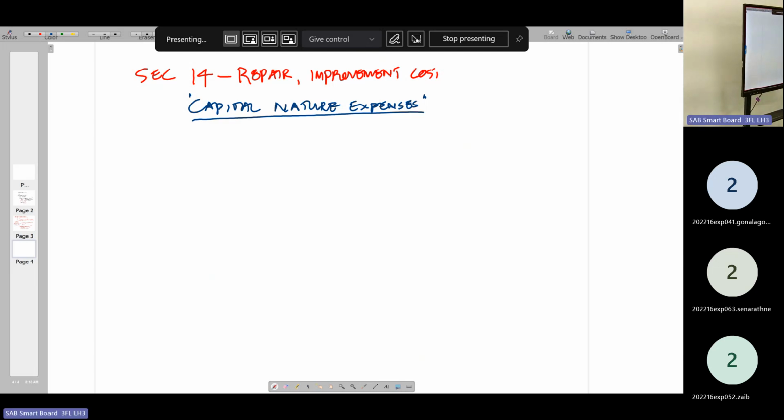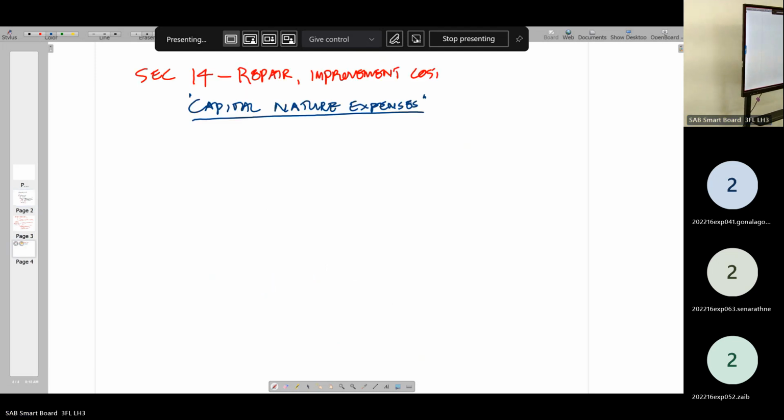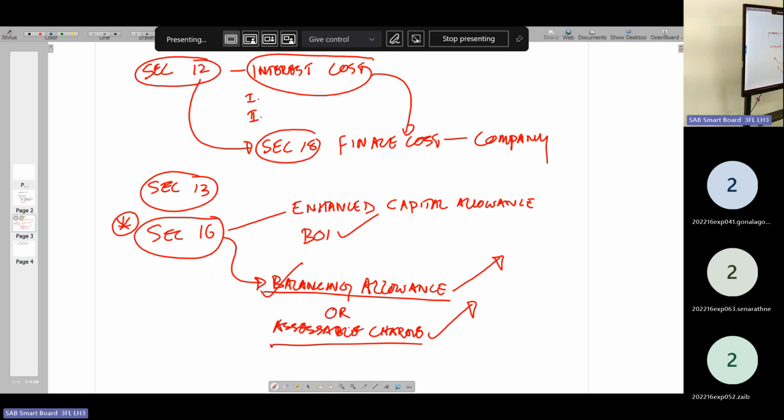Remember, section 11 says we cannot deduct capital expenditure, but section 14 says we can deduct capital expenditure as well under this particular section. The first thing that needs to be satisfied is the criteria specified under section 11, that the particular expenditure shall be incurred in the production of income.